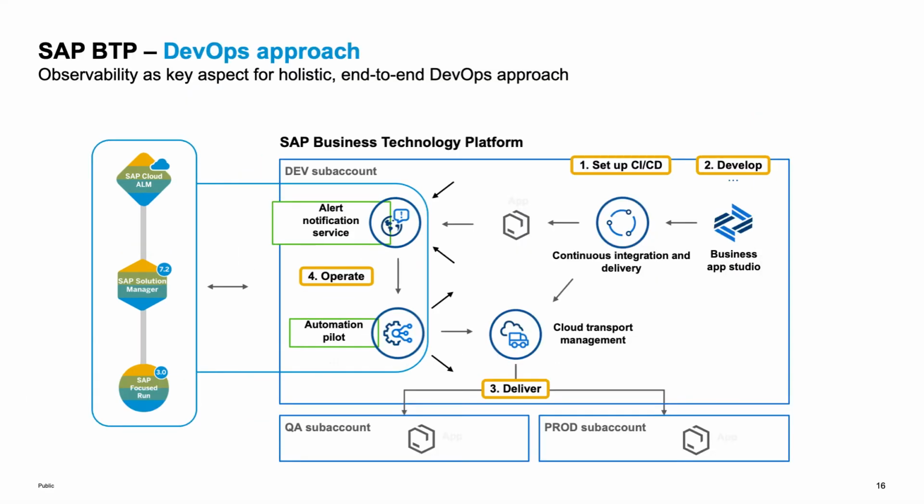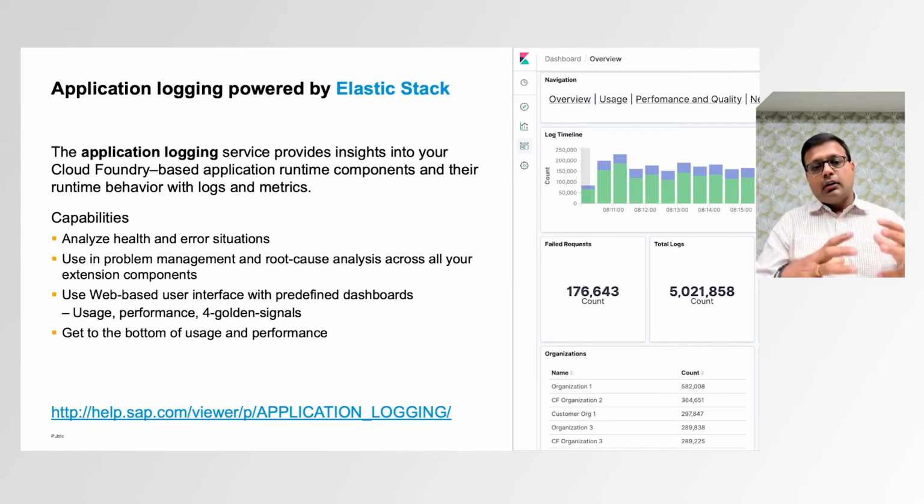I recommend you look at another TechEd session where we talk about the overall DevOps approach and strategy delivered by my friend Boris Zarsky as well. But the tools and capabilities that we're talking about here, whether it is AutoPy for automating transport movement or Cloud ALM for detecting problems, fit into the overall DevOps strategy of SAP as well. And then we have a lot of expert tools specific for different use cases.